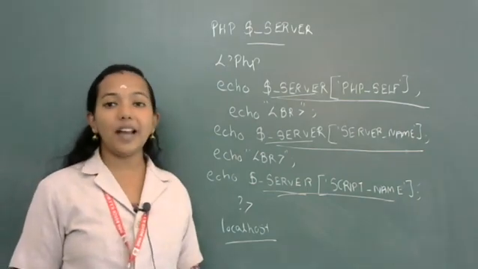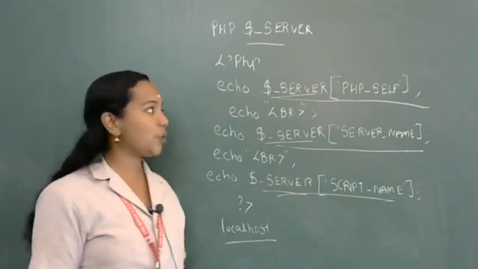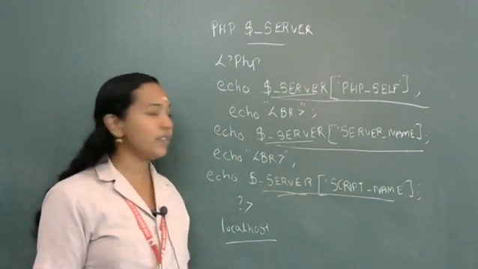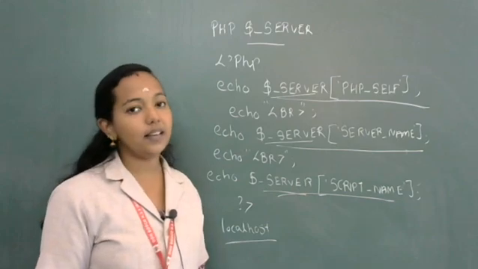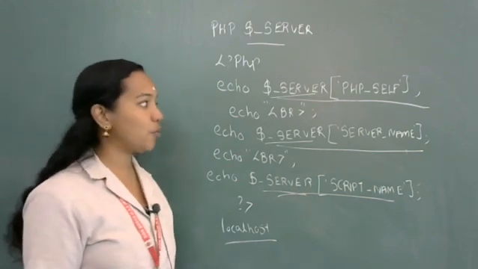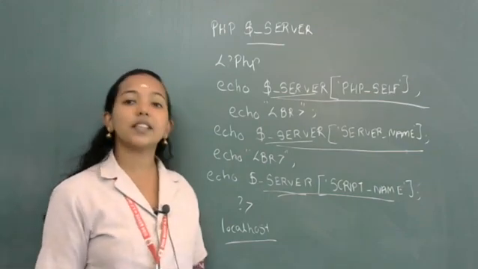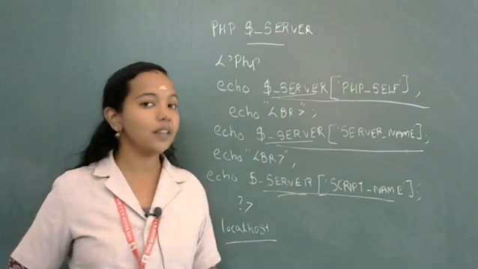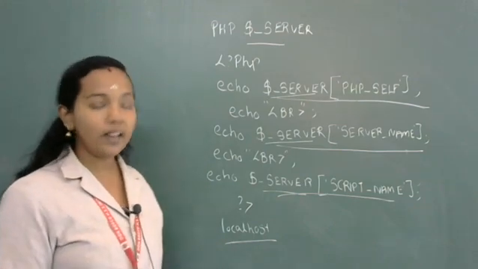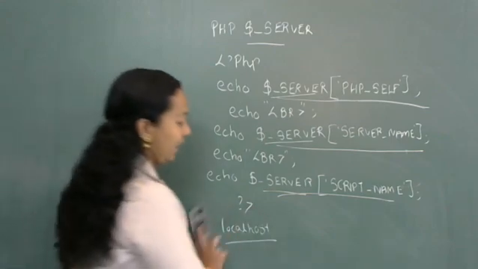There are three different aspects we are using. First one is $_SERVER PHP_SELF, to print the currently executing script name. Second one, $_SERVER server name, to print the server name. Third one is $_SERVER script name, the currently executing script name. So the second super global is $_SERVER. Clear?